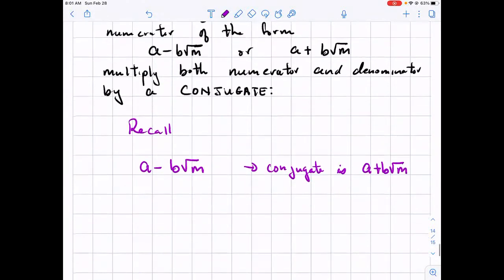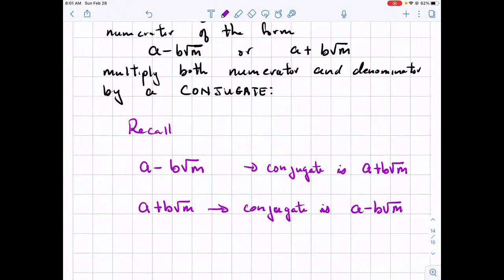Likewise, if we have a plus b square root of m, the conjugate is a minus b square root of m.